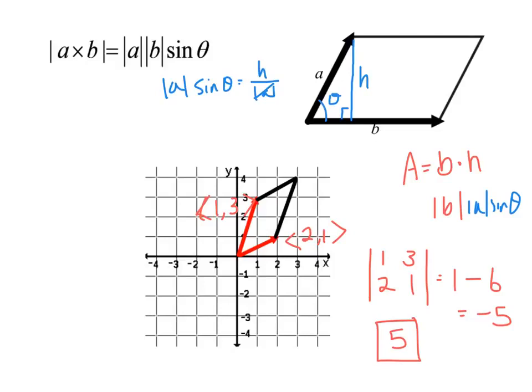If you want to think about it from a Pythagorean theorem standpoint, you could think that I took negative 5, squared it, and took the square root. So this is a way we can use the cross product to help us with some geometry. This is the geometric interpretation of the cross product. It's dealing with the sine of the angle, so it helps us with this parallelogram. However, I would like to see how this works in 3 dimensions and how it can help us there. That'll be in the next video.